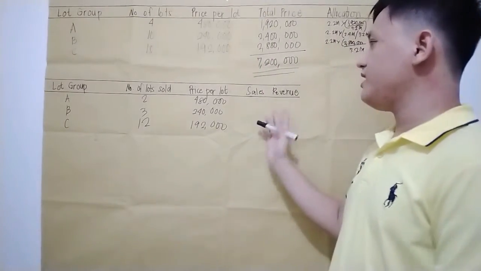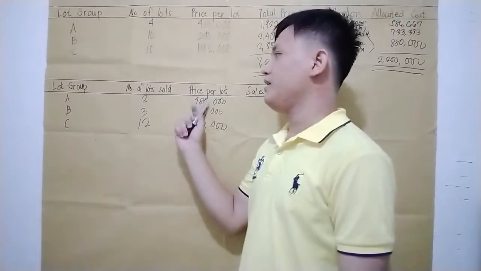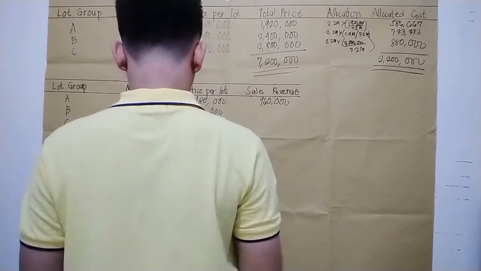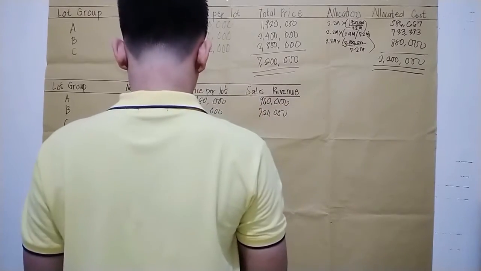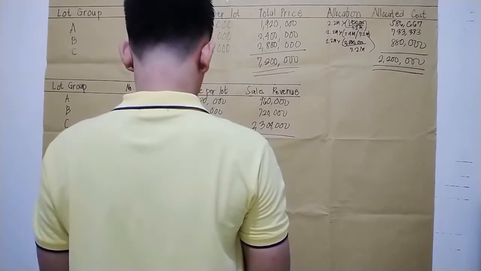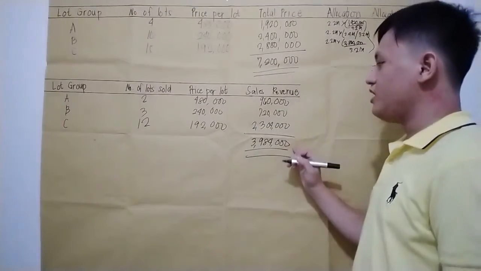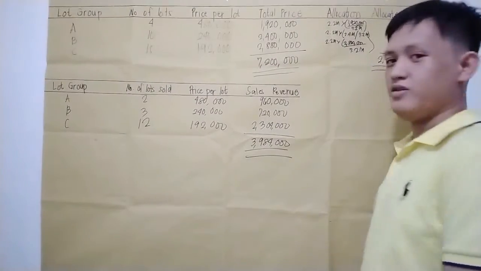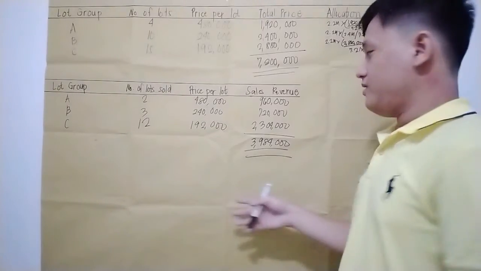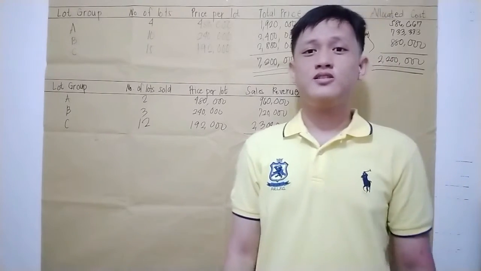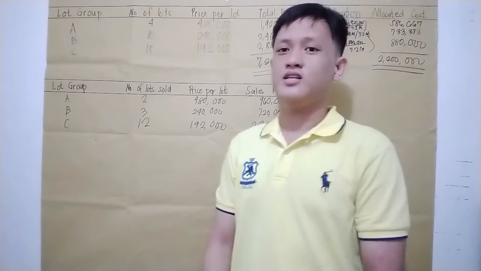So to get the sales revenue, we have to multiply this. Our sales revenue now is 3,984,000. Next is to get the cost of sale. We already have the sales revenue, so the only thing missing is the cost of sale to get the gross income.